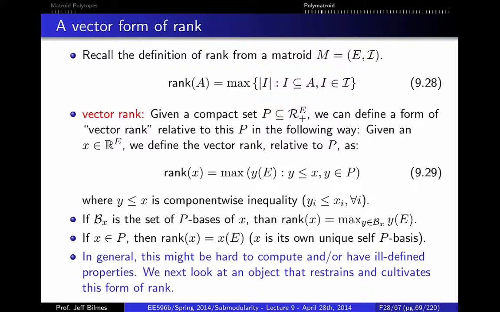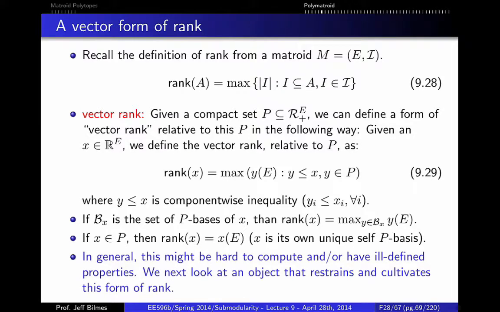If we wanted the matroid property, which says that all bases of a matroid have the same cardinality, to apply here, it wouldn't make sense for different P bases to have different component sums, because component sum is the analogy to size in the set case, right?